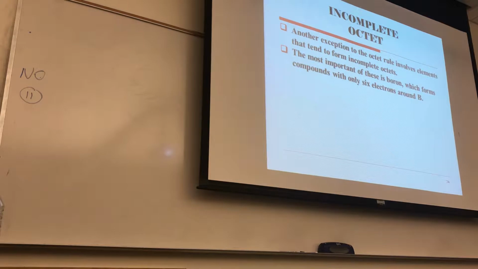Let me make sure this is in the proper context. I'm looking at a compound where something is the center atom. That center atom does not have a complete octet. That means incomplete means it has less than an octet. Now, with that knowledge, looking at this here, where might I find that?